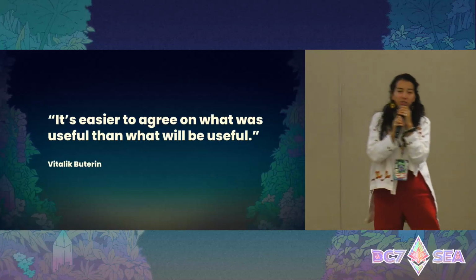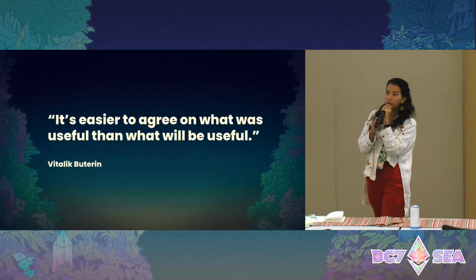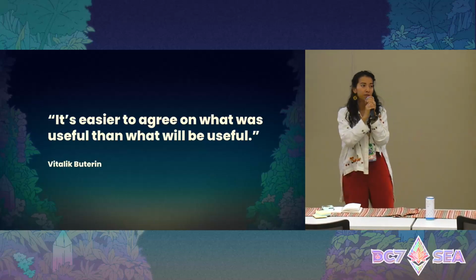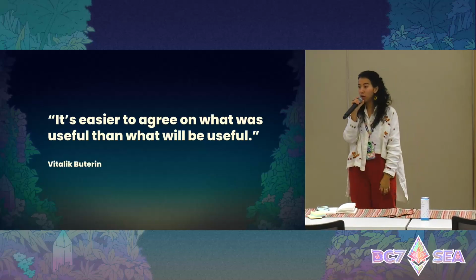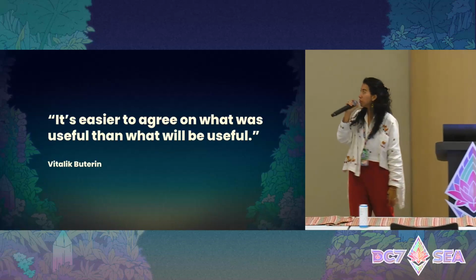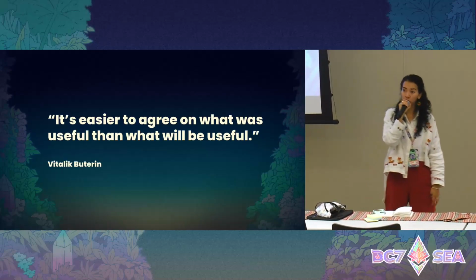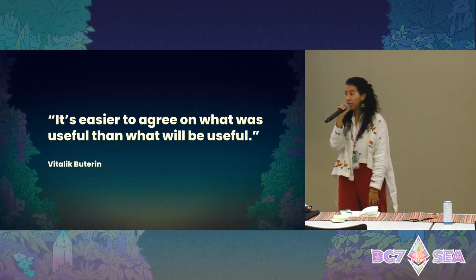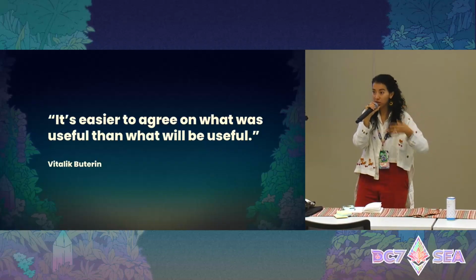Perfect. So one of the reasons why we've been experimenting with RetroRounds as of late is the fact that it is meant to be easier than running a proactive grants program, right? In a proactive grants program, what you're trying to do basically is predict the future. You're trying to understand if people are going to do what they say and promise that they are going to do.